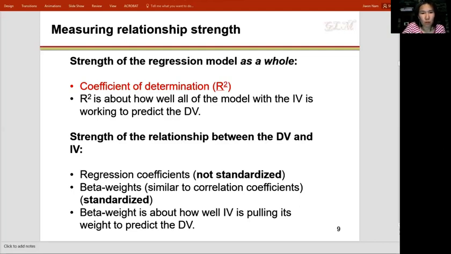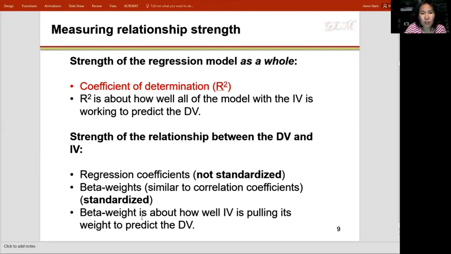What we should know is the concept of R squared: how well the whole model with the independent variables predicts the dependent variable. If your model is good, your R squared is good.